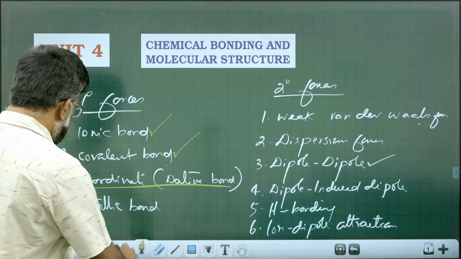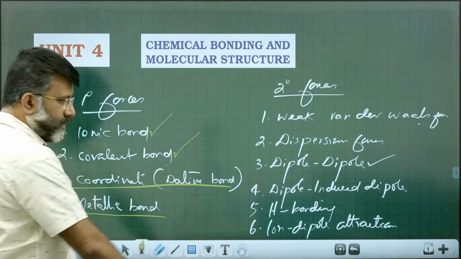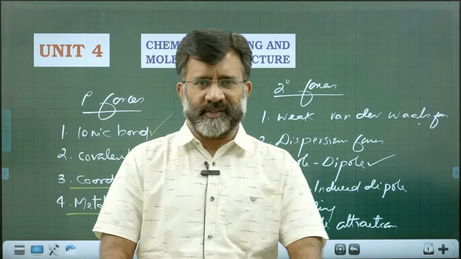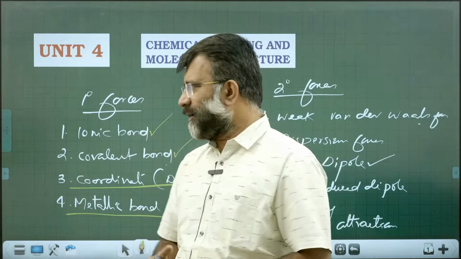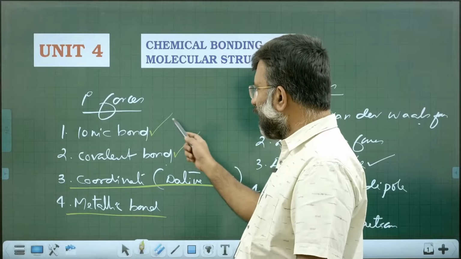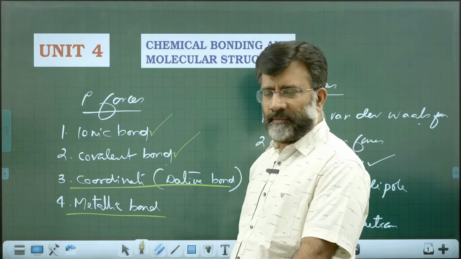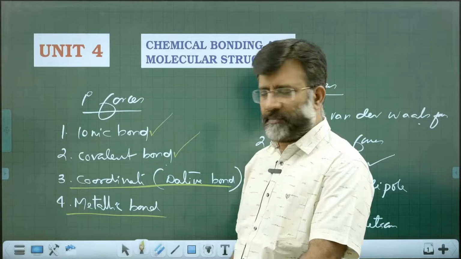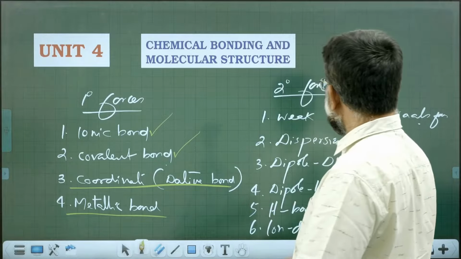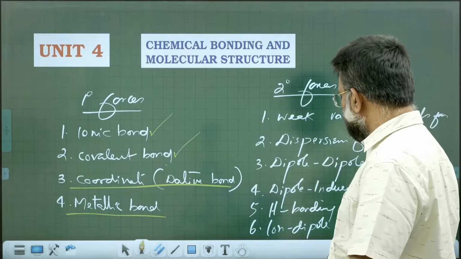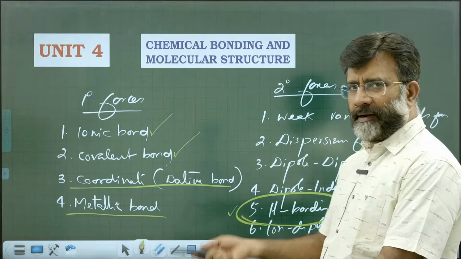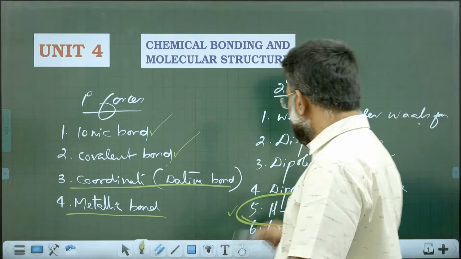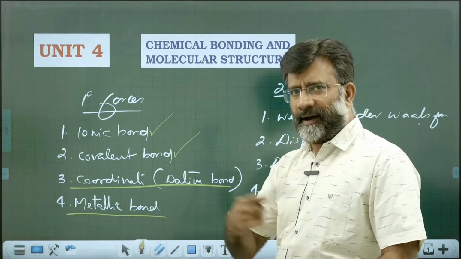And then metallic bonding, we are of course discussing in some other chapters, solid state chemistry and all, right? A detailed talk, comprehensive discussion on ionic bond and covalent bond. Of course, I'll tell you what is coordinate bond, metallic bond, etc. And secondary forces of attraction, only hydrogen bonding we are discussing in the chapter at the end portion of the chapter, while all others we are discussing in another chapter.